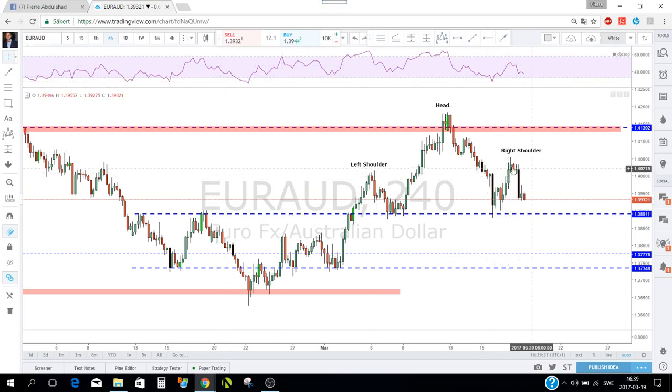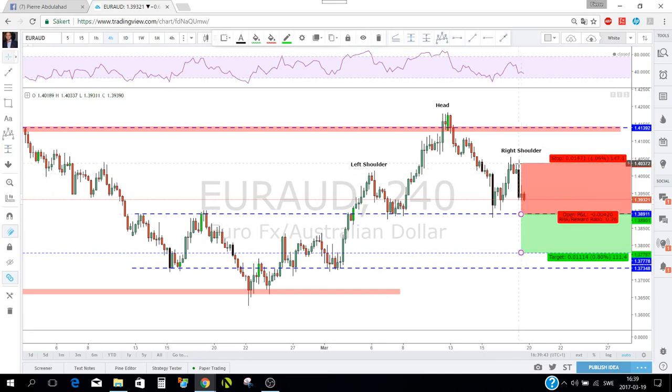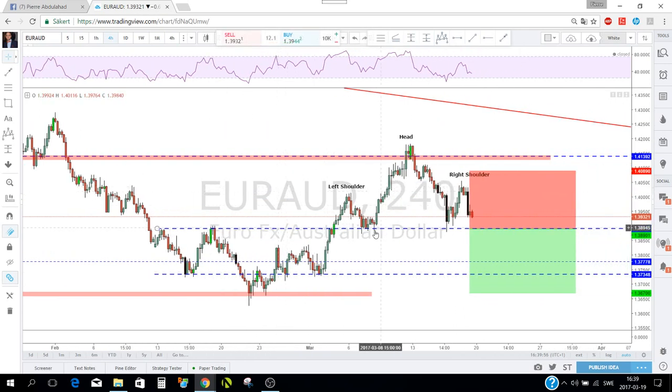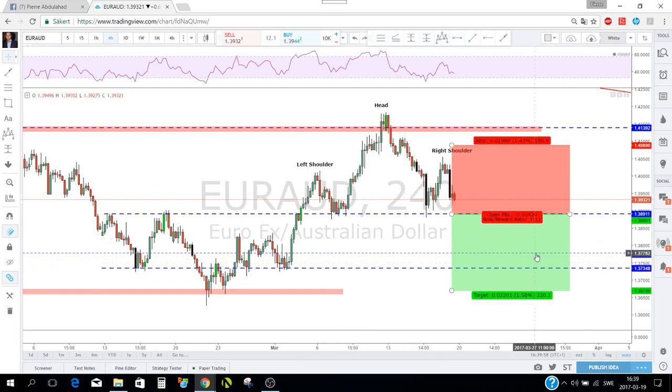Because if you enter this head and shoulders on the 4 hour, you will be entering somewhere, let's say you enter here, and your risk should be above the right shoulder, and your reward, if you are lucky and it retests these lows, which I'm not sure about, then you'll get 1-to-1.